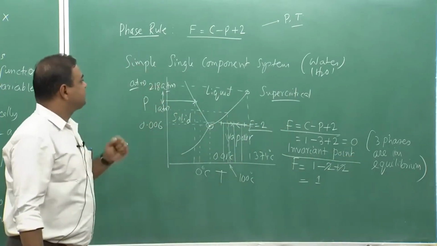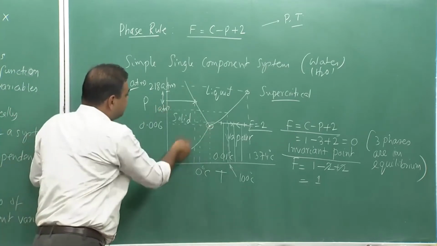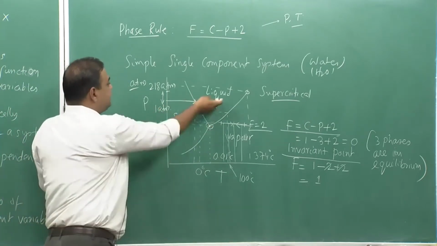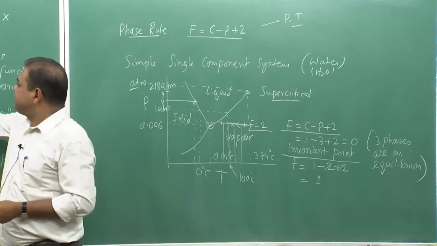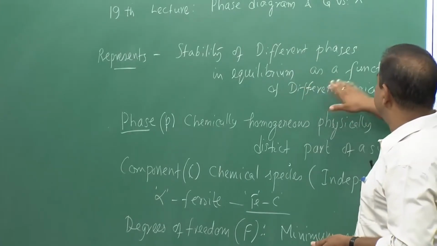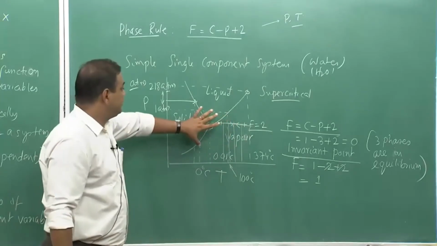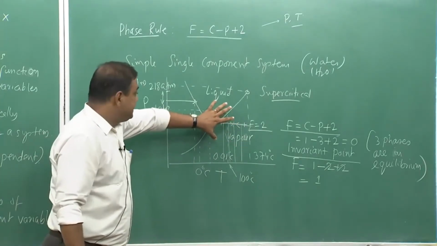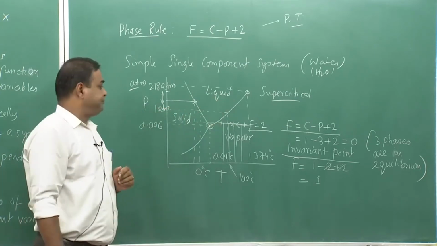So, this is the case of a simple single component system, and we can also see the pressure-temperature regions where the solid, liquid and vapor would be stable. So, if I come back to the definition, the stability of different phases in equilibrium as a function of different variables, that particular definition is satisfied in this phase diagram.